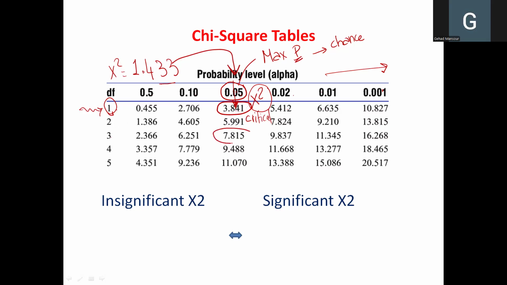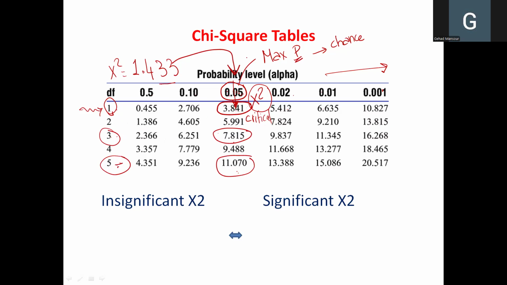Whereas, for example, 7.8 is the critical value, again, because it corresponds to probability 0.05, but this time at degree of freedom 3. 11 is the x squared value, the critical value, because it is the x squared value that corresponds to probability 5%, but this time at degree of freedom 5 if I have 6 different phenotypes.